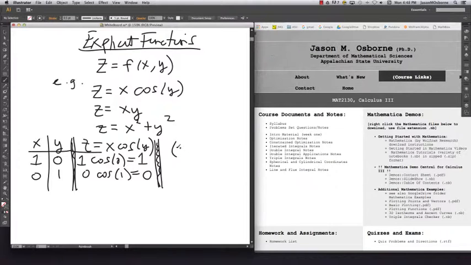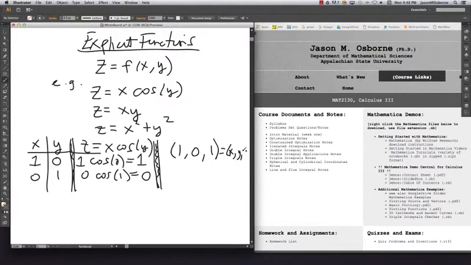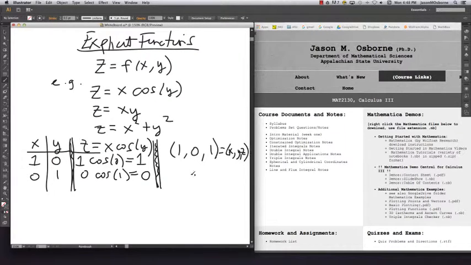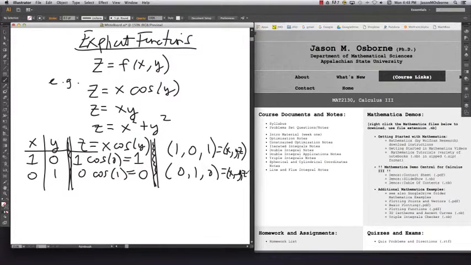These two processes have given you the point 1, 0, 1, which is the x, y, z value, and you also have the point 0, 1, 0, which is also an x, y, z value. Okay, so you get the idea here.